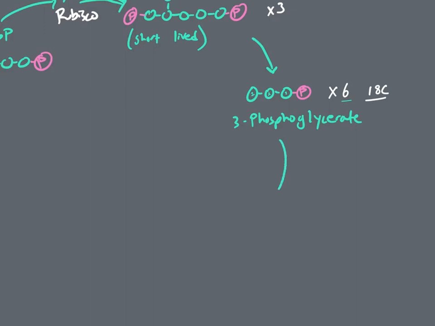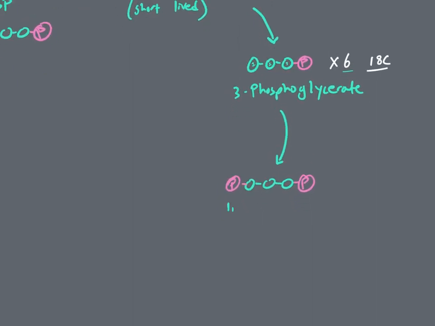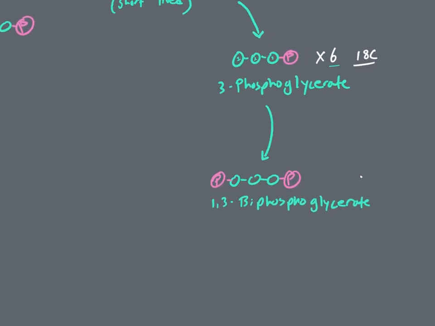This 3-phosphoglycerate is going to be modified so that it has now 2 phosphates, one on either end. It's going to be called 1,3-bisphosphoglycerate. We haven't lost any carbons, so we still have 6 of them for a total of 18 carbons. And in order to add a phosphate, we need some phosphate.